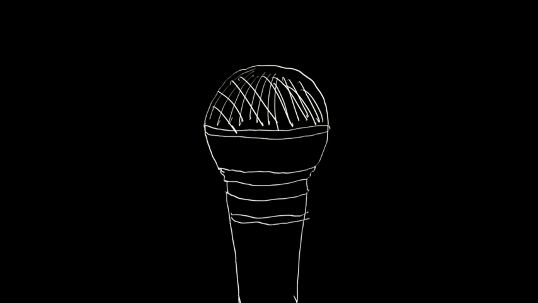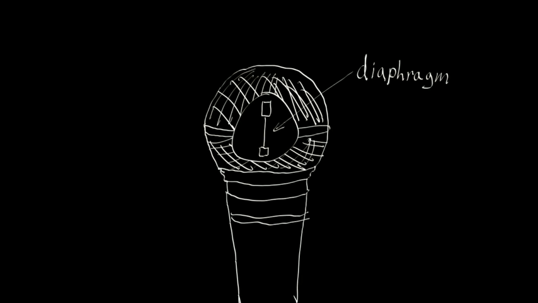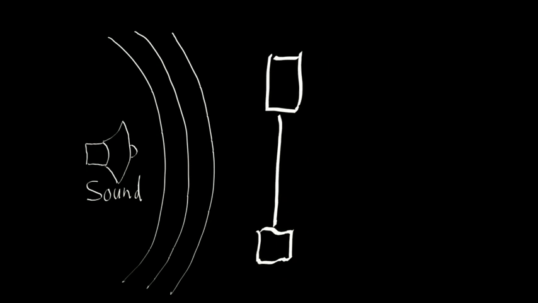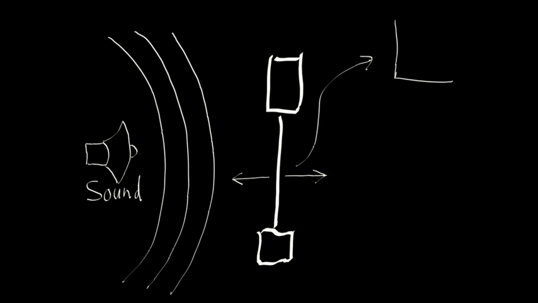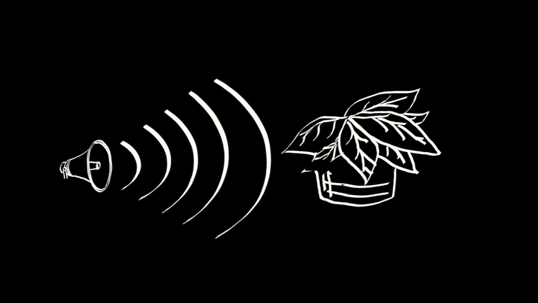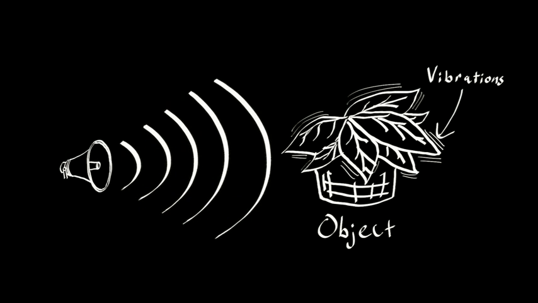Traditional microphones work by converting the motion of an internal diaphragm into an electrical signal. And that diaphragm is designed to move readily with sound, so that its motion can be recorded and interpreted as audio. But sound causes all objects to vibrate. Those vibrations are just usually too subtle and too fast for us to see.